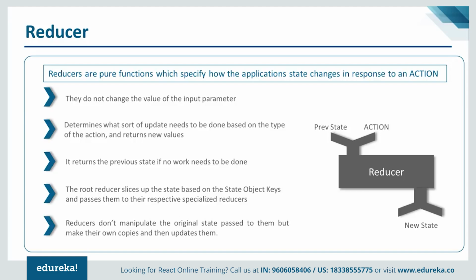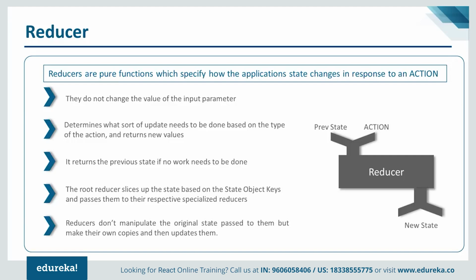As we saw, the actions are the payloads of information which give input to the store. So in between these two things, there is a Redux component called reducers, which are pure functions which specify how application state changes in response to an action. They do not change the value of the input parameter.